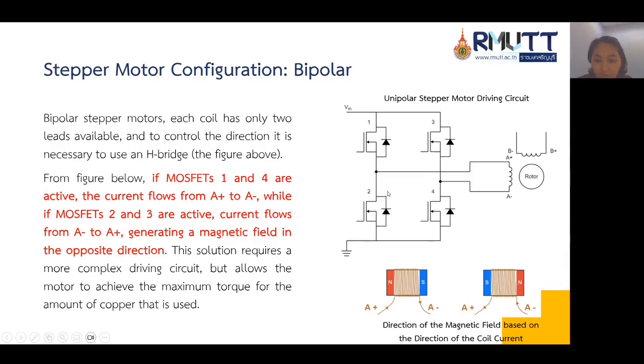While if MOSFET 2 and 3 are active, the current flows from A minus to A plus, generating a magnetic field in the opposite direction. This solution requires a more complex driving circuit, but allows the motor to achieve the maximum torque for the amount of copper that is used.